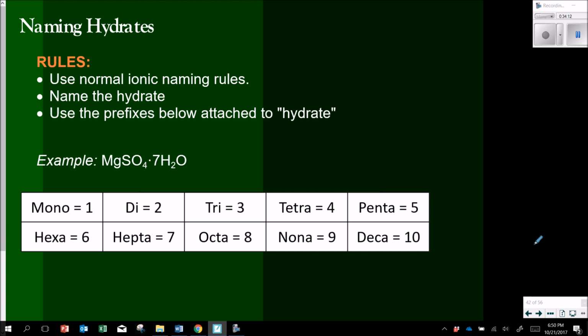Now how do we name a hydrate from a formula? Again, we use the same normal ionic naming rules, and we name the compound. Then we use the prefixes attached to hydrate. Let's see how that works. So if we have MgSO4.7H2O, Mg is magnesium.